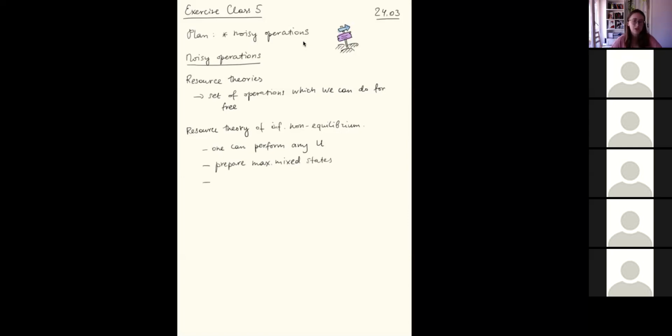And finally, one can take the partial trace over any subsystem of a system.